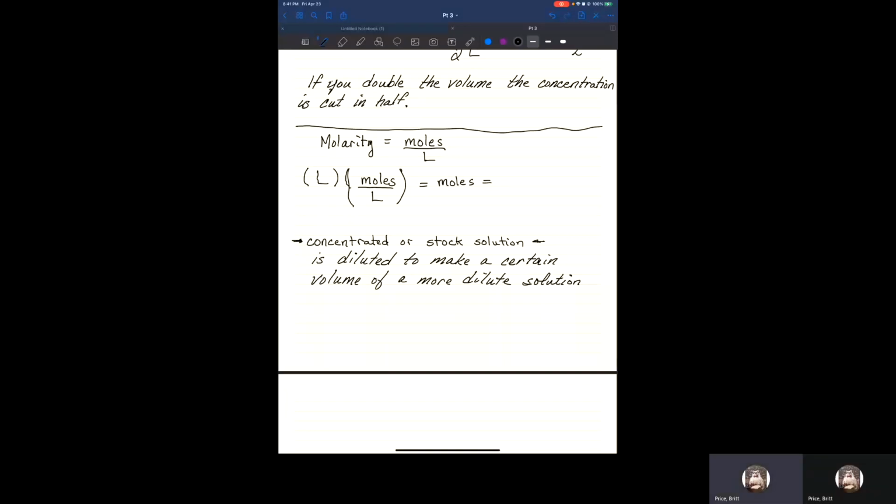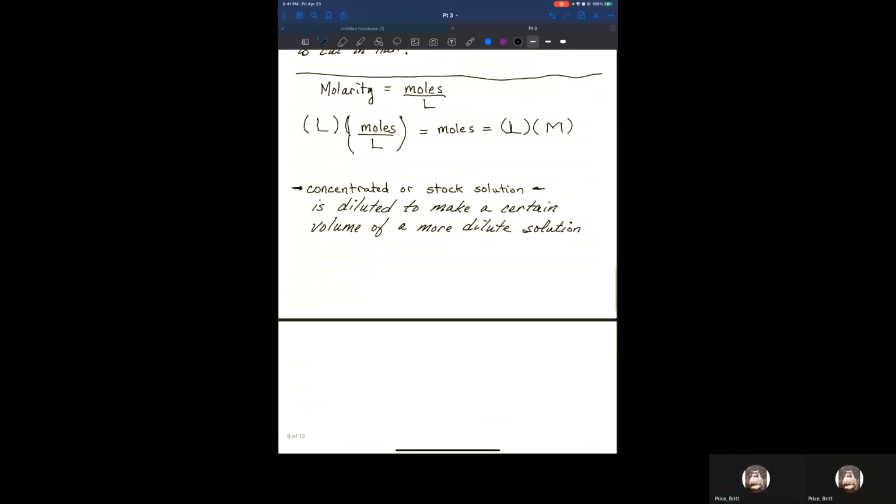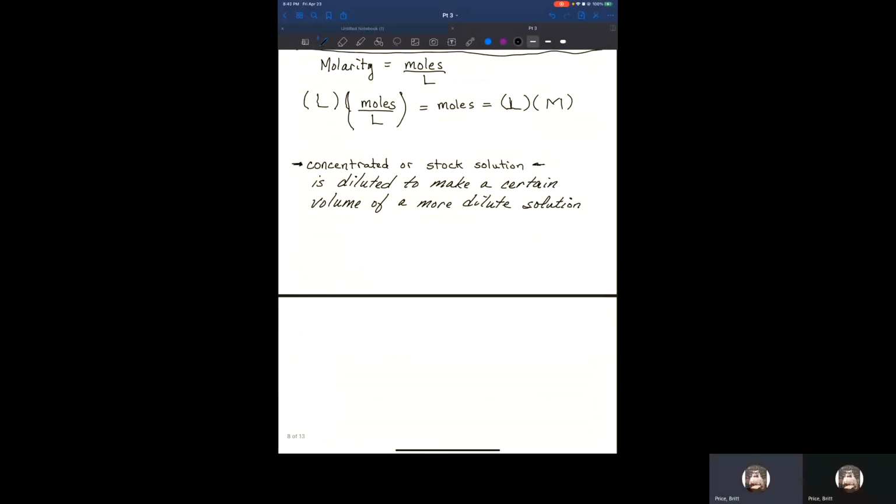Again, if I take a volume in liters and multiply by molarity, that will give me moles. The number of moles that I take out of my stock solution.